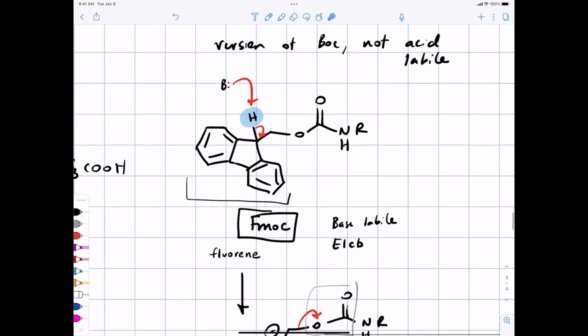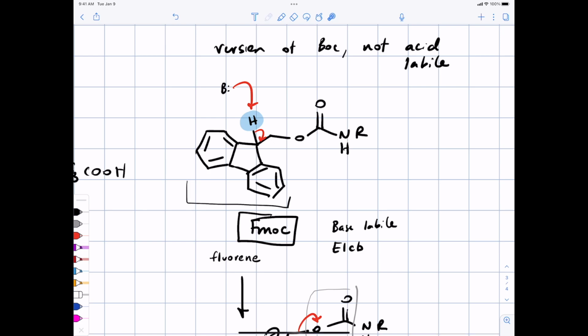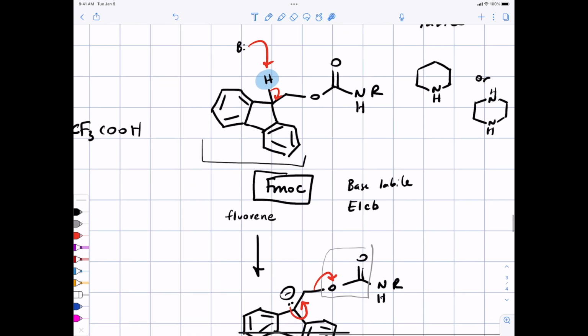The base of choice is either piperidine, which is a 6-membered ring containing nitrogen, or I think piperazine, which is 2 nitrogens. Either of those work okay, and we've used both in my lab.